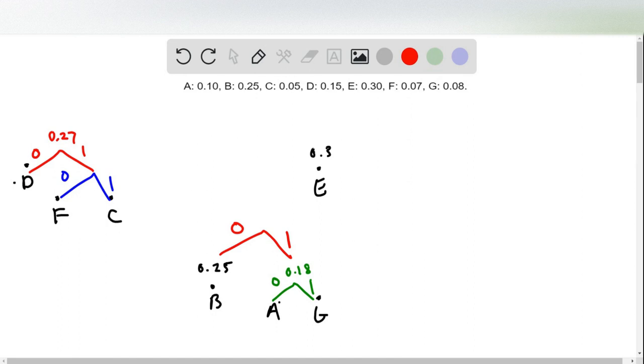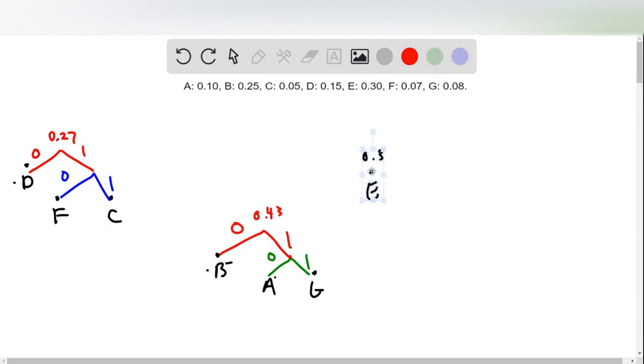And then we would add these up, and this is going to be 0.43 for the frequency. Then we can go ahead and erase these and then move these letters up, and then move this tree over here up.